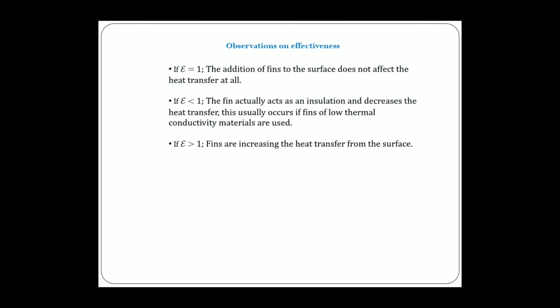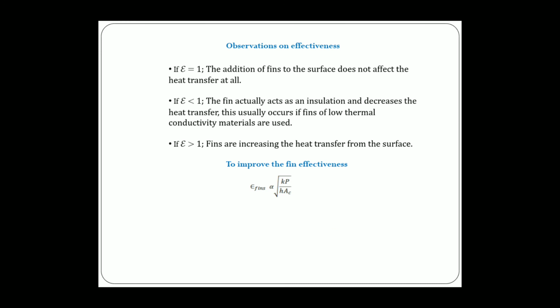And the most desired, since you use fins for increasing the heat transfer, is that effectiveness should always be greater than 1. If effectiveness is greater than 1, fins are actually increasing the heat transfer from the surface. And to improve the heat transfer, we can consider several things. We have already observed from the expressions that effectiveness is proportional to square root of kP by hAc.